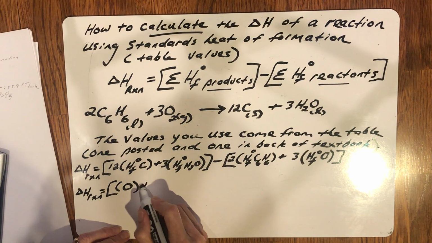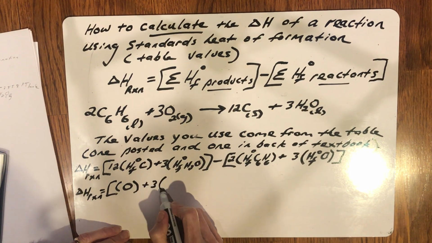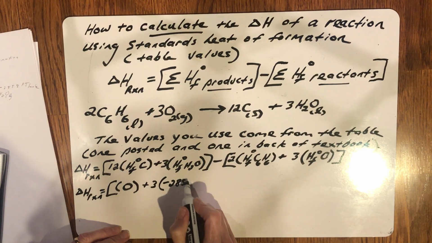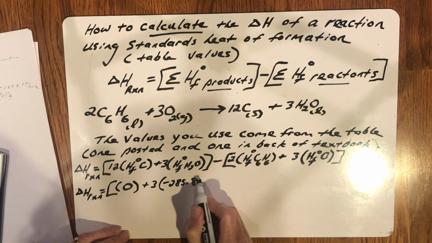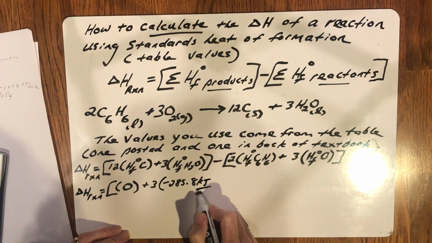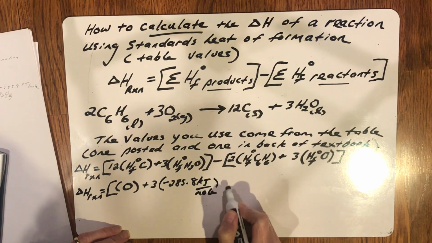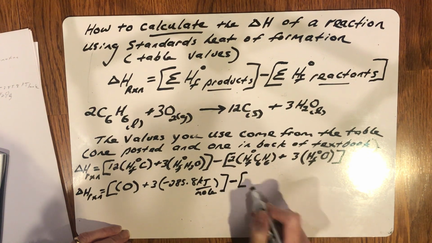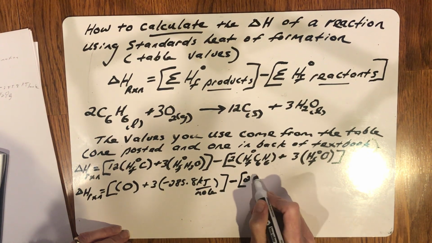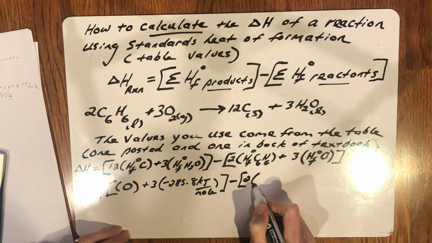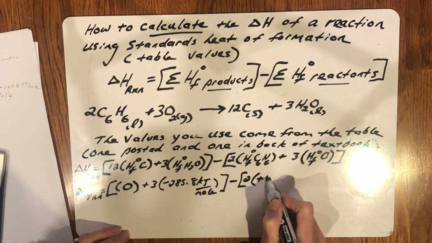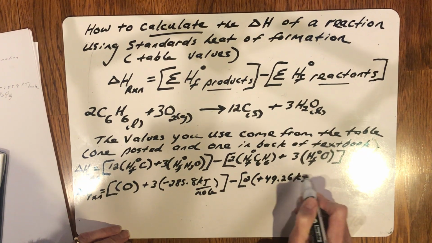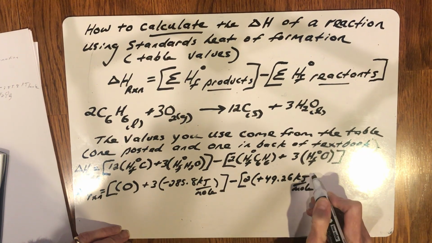Okay, I'll go on. Do 3 times the value for H2O, which is negative 285.8 kilojoules per mole. And I'll close the parenthesis and subtract 2 times the heat of formation of C6H6, which is positive 49.26 kilojoules per mole.